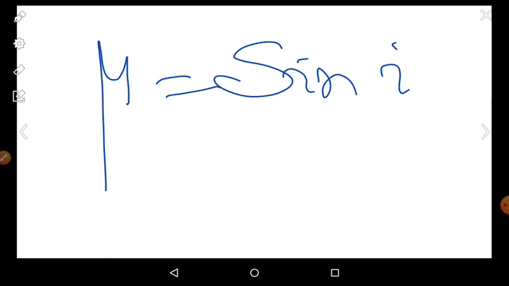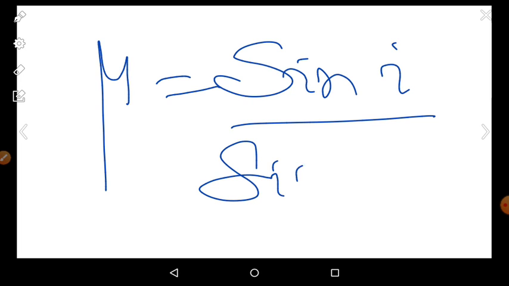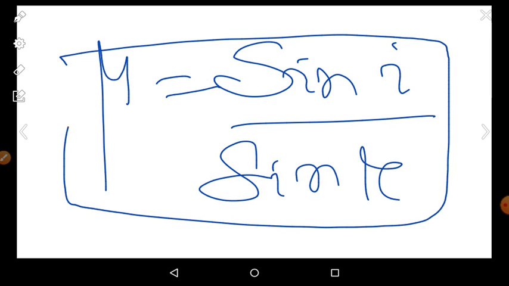This mu value, in terms of the sin values of the angles, was derived by Snell. This is Snell's law.